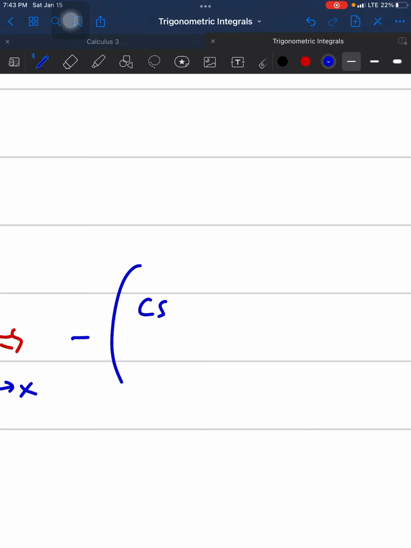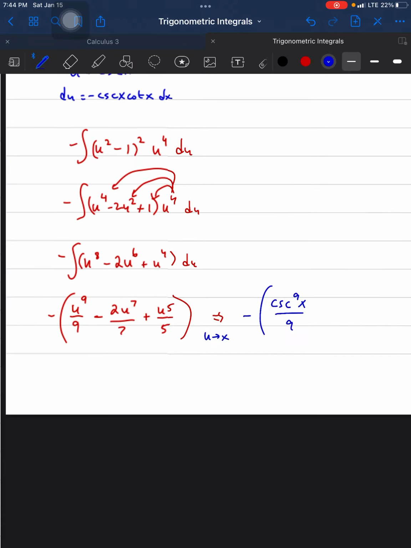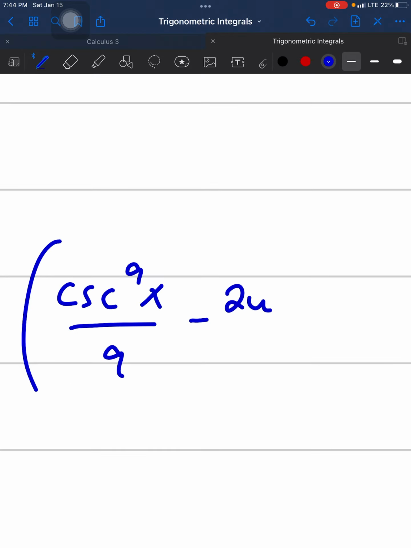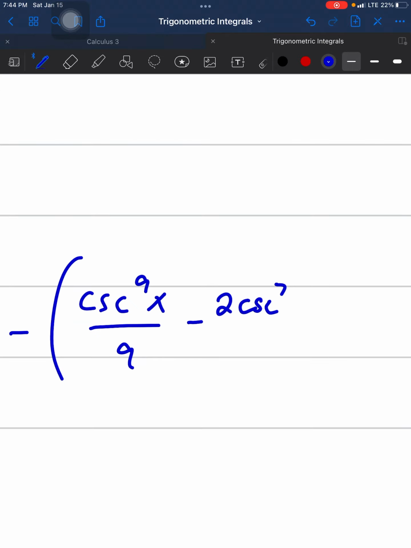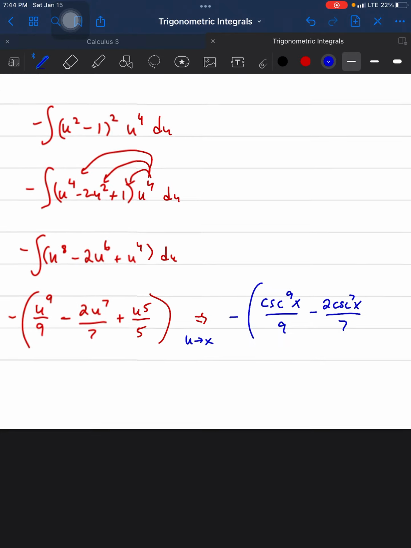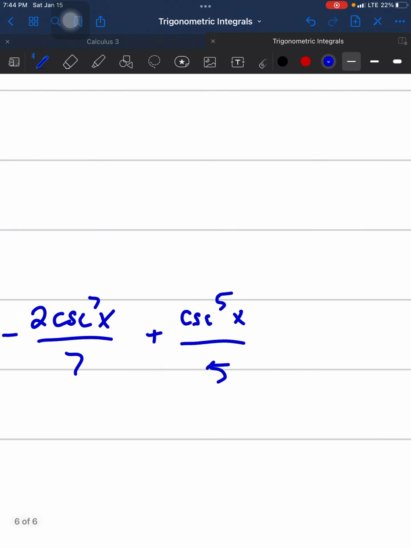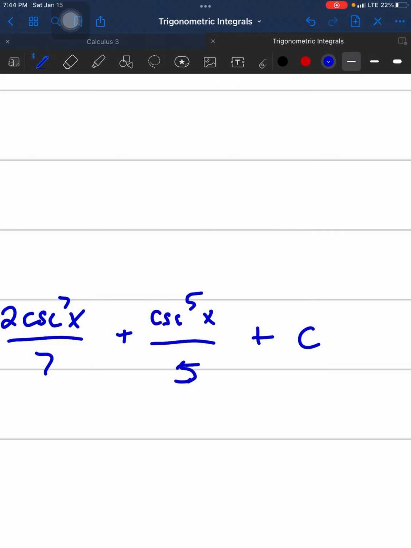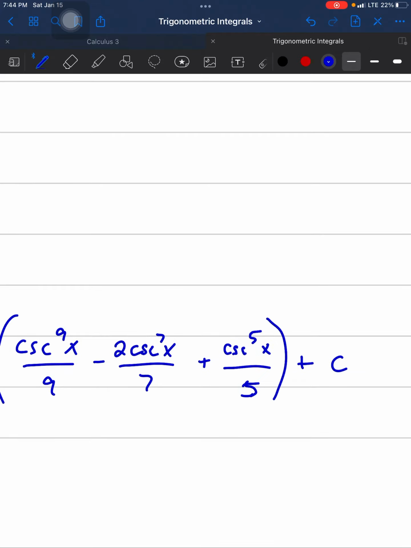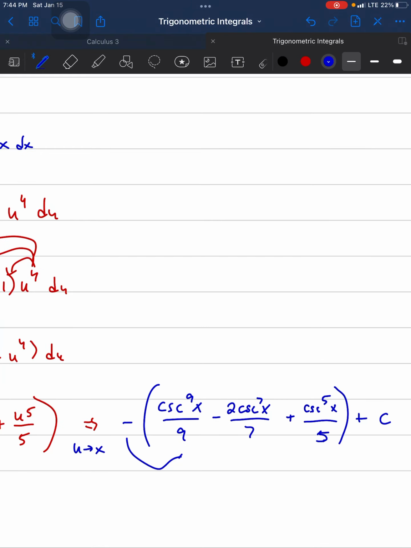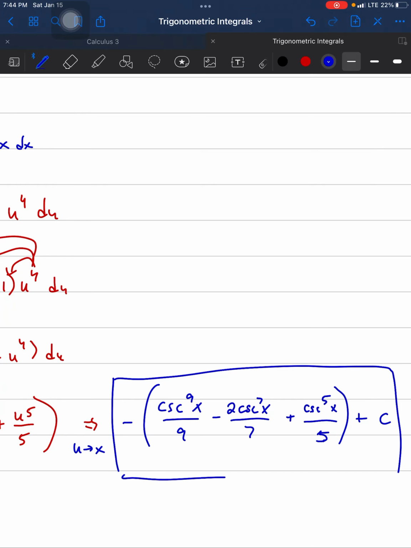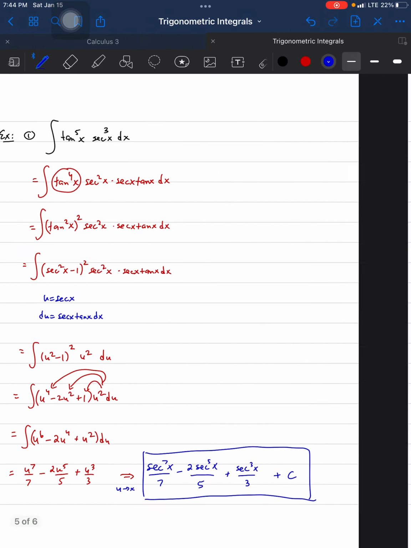When we do that, we get cosecant to the ninth x over 9, minus 2 cosecant to the seventh x over 7, plus cosecant to the fifth x over 5, plus C. If you want to distribute the negative sign, you can do that. I'm just not going to distribute it and will say this is the final answer.